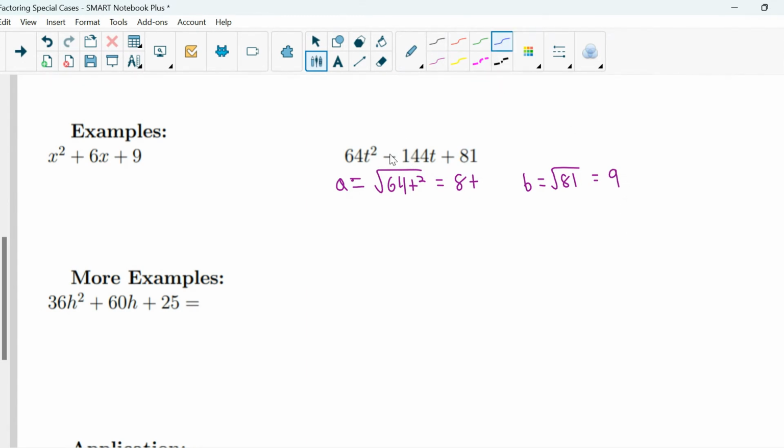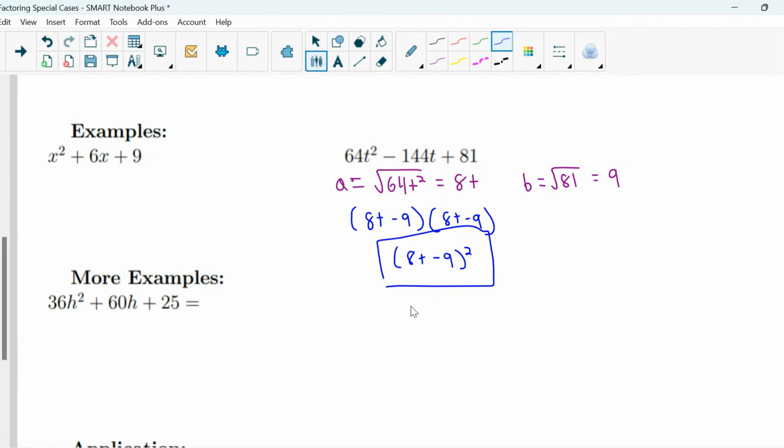So since I am subtracting my middle term, my formula is a minus b, so 8t minus 9, which I can rewrite as 8t minus 9 squared.